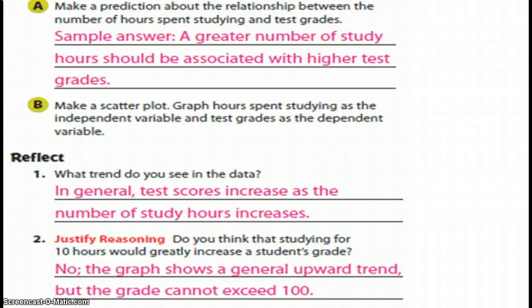Now, it says to make a prediction about the relationship between the two. Well, a good sample prediction would be the more you study, or the more hours spent studying, your test grade would be higher. Now, of course, we've already made the actual scatter plot. And going back looking at the scatter plot, it says, well, what trend do you see?